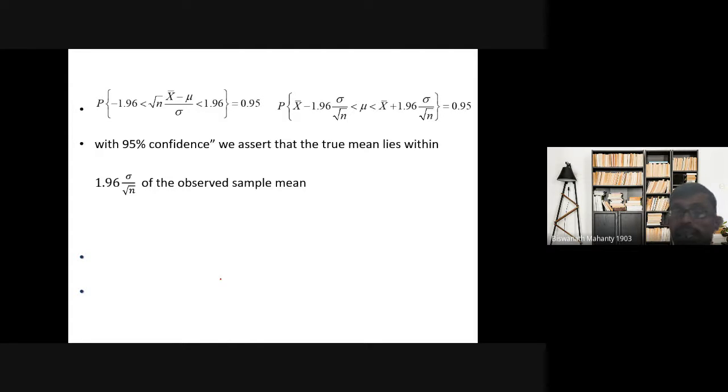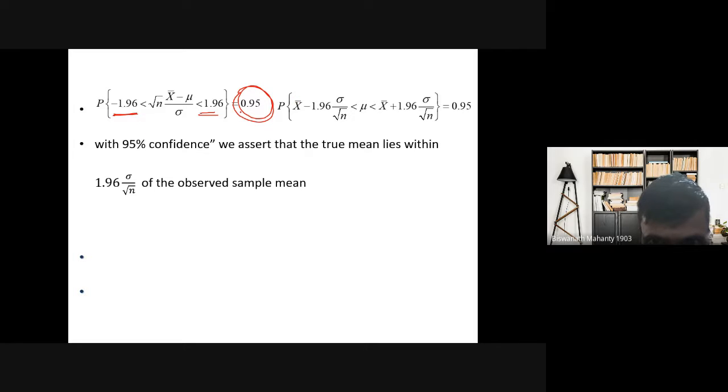So I can say that x bar minus mu by sigma root n will be within minus 1.96 and plus 1.96 with 95% guarantee. Now, I'm doing simple mathematics, nothing else. You see what I am doing? Minus 1.96 is less than this. I am doing the same job, nothing new.